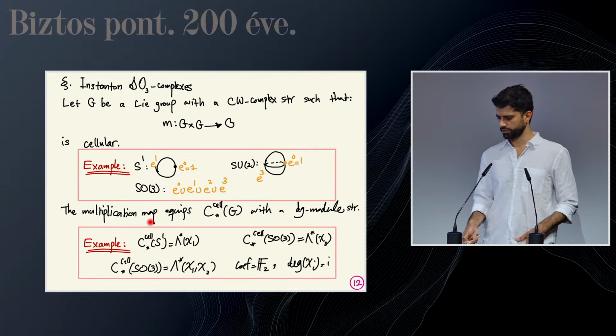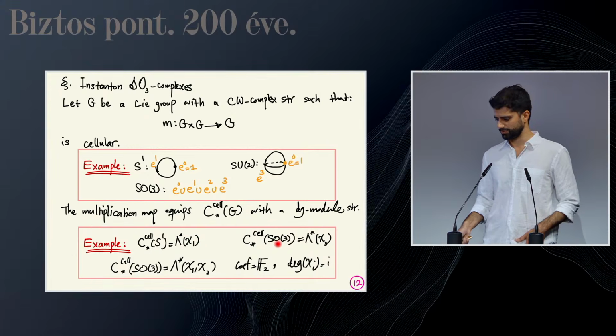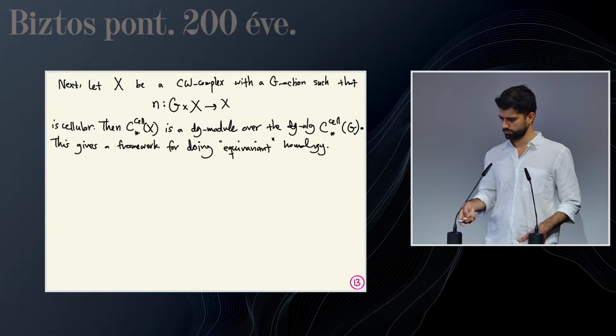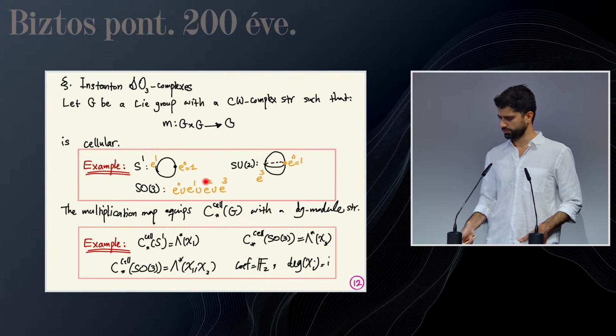So in the special case of S1, this DG algebra is the exterior algebra in one generator in degree 1. For SU2, another typo, this is supposed to be SU2, this is again an exterior algebra in one generator, but that generator is in degree 3.